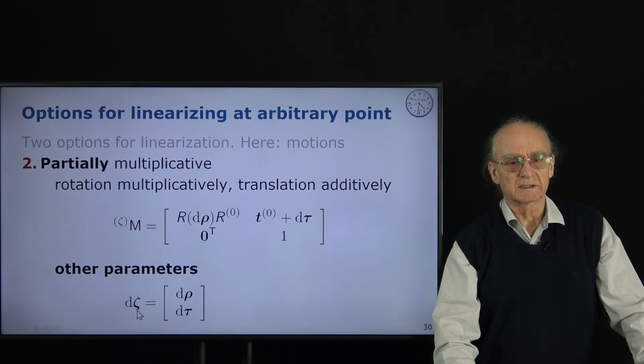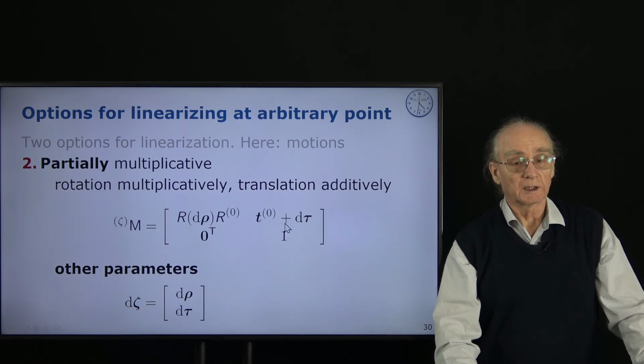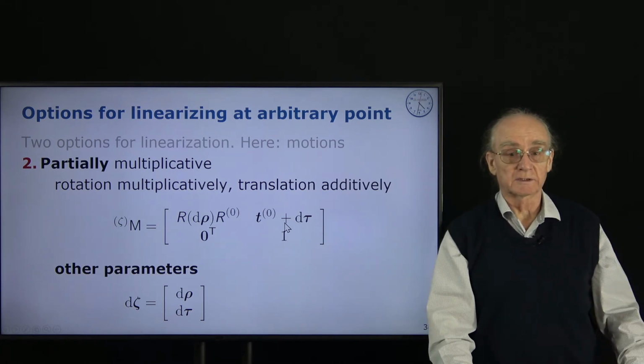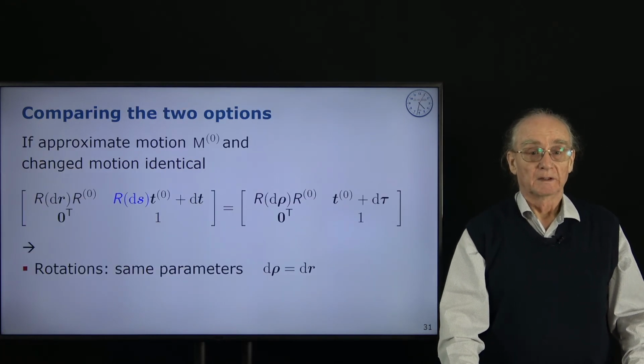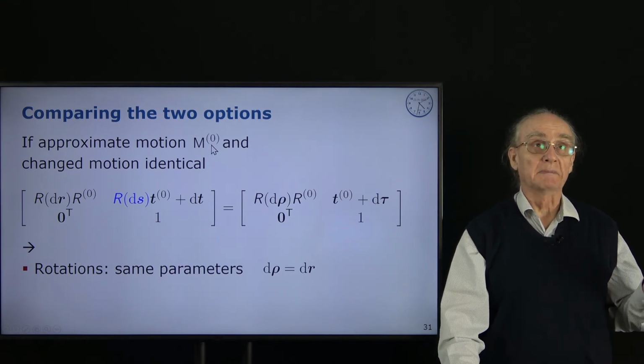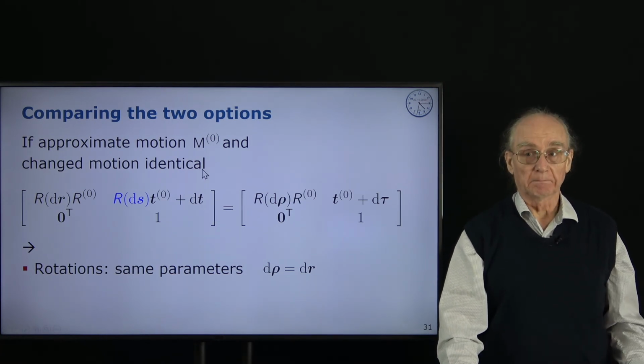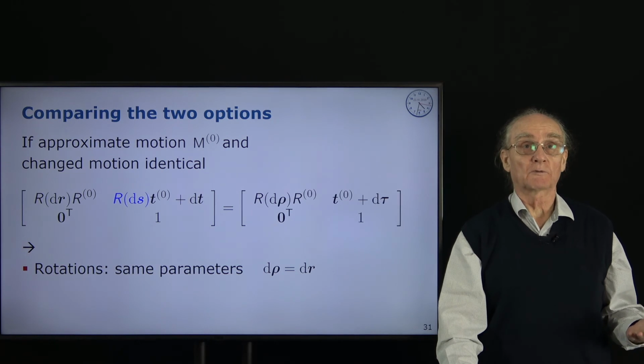So I call them d zeta, which is the rotation parameters, d rho, and the translation differential d tau. So this looks much nicer. But of course it's different from what we did before. So we have two alternatives and we would like to know what is the difference really. Now, let's assume we have the same approximate value or the same mean value, and the changed motion should be the same. That means we have the same type of distortion.